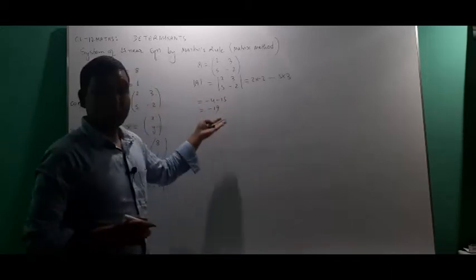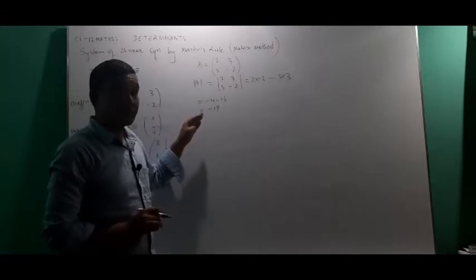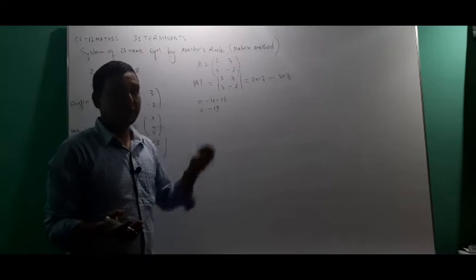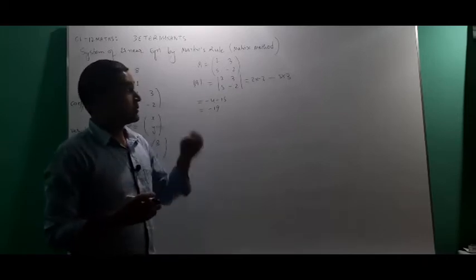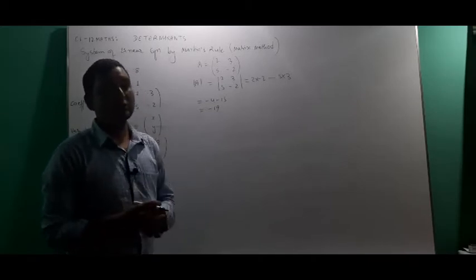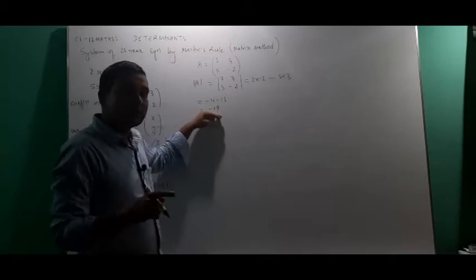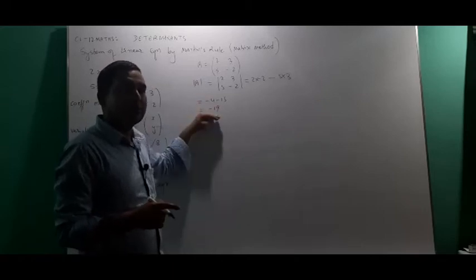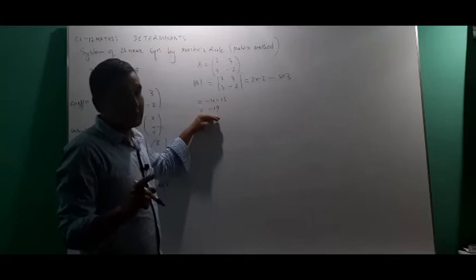Now this is other than 0. Other than 0 means it is non-singular. Non-singular means consistent. If the determinant comes 0, then it is called inconsistent and we can't solve the equations. If the matrix is non-singular, then it is called consistent. If the value of the determinant comes 0, then it is called inconsistent, and it is a singular matrix.